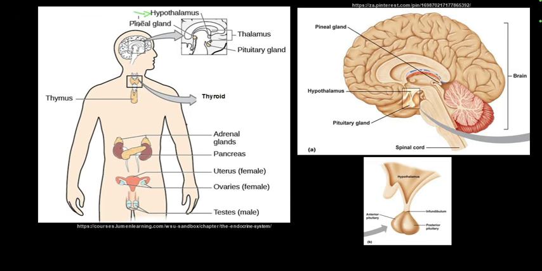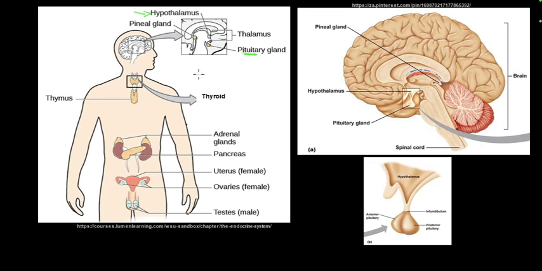The reason I'm saying the hypothalamus is quite important is it is basically the control center of the endocrine system. It sends hormones to the pituitary gland, and then the pituitary gland is more like the master gland or the master key of the body, because then it will direct other glands in the body to secrete hormones and perform different functions.